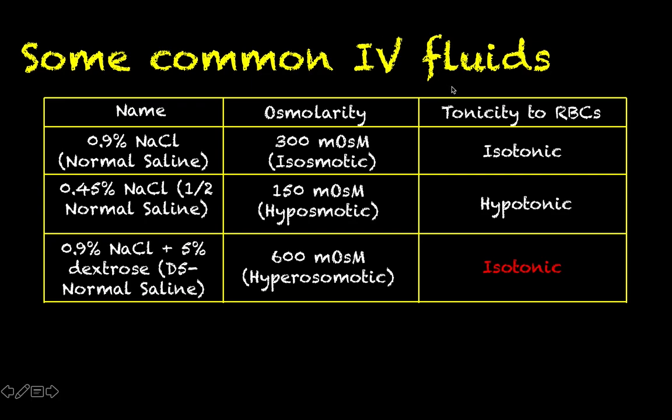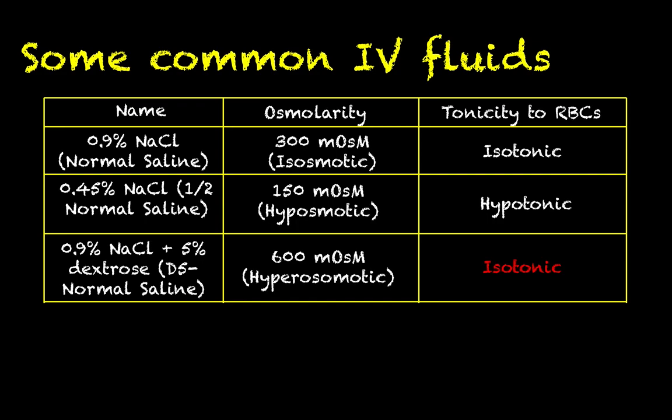However, the thing that is very interesting here is that this is still an isotonic solution. And if that's confusing, you have to remember that tonicity refers to the effect that a solution will have on cells that are exposed to it.